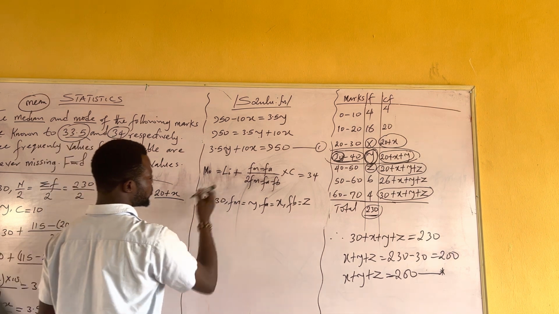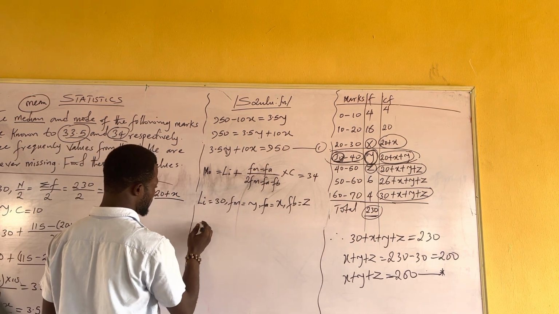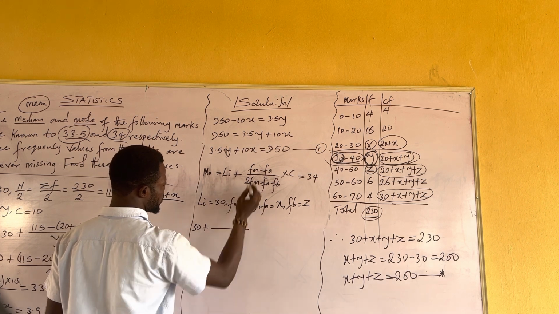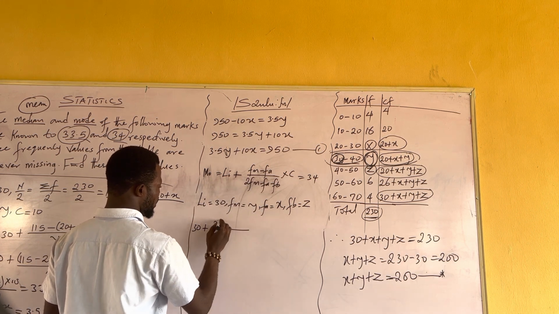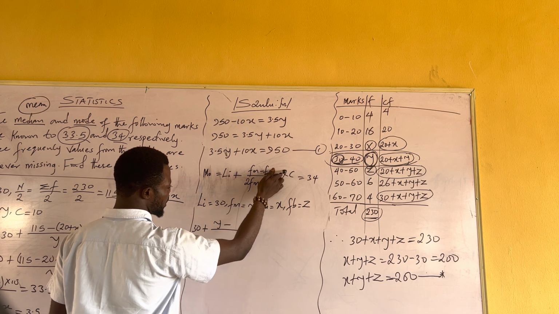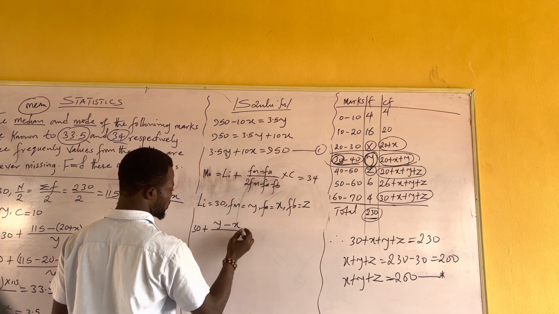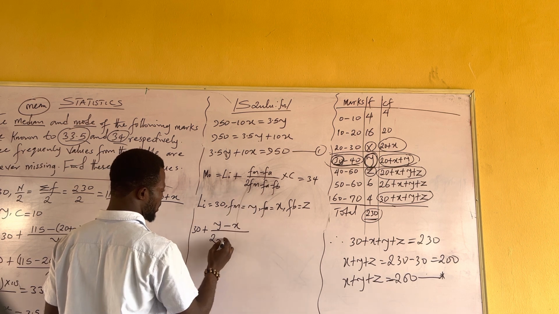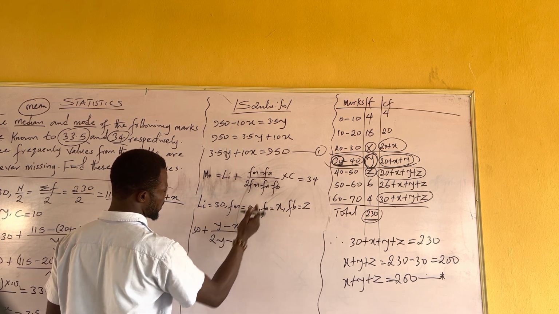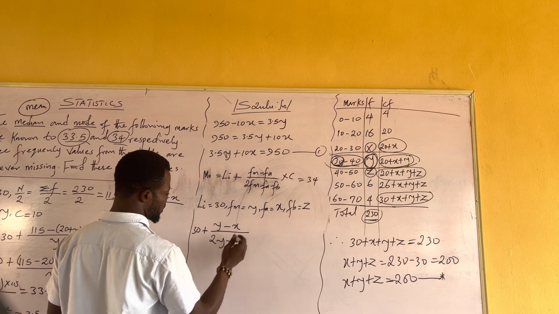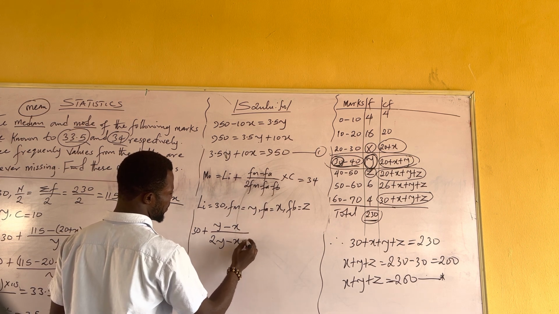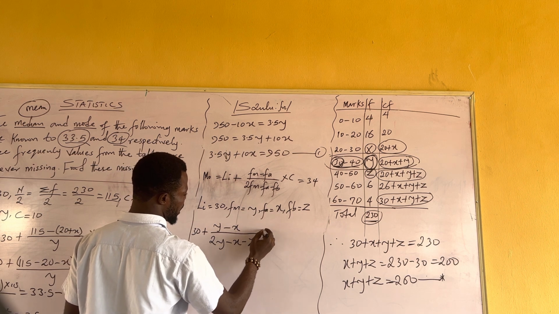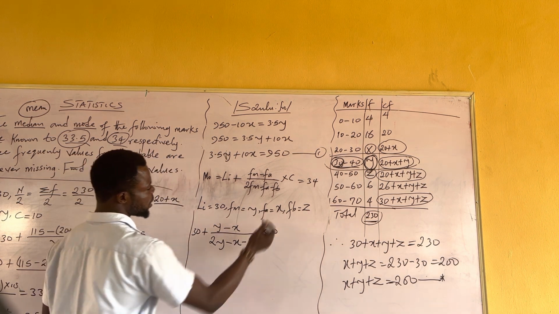So we just substitute into this formula. We are going to have 30 plus (y minus x) over (2y minus x minus z) times 10, where Fm is y, Fa is x, and Fb is z, and C is 10.